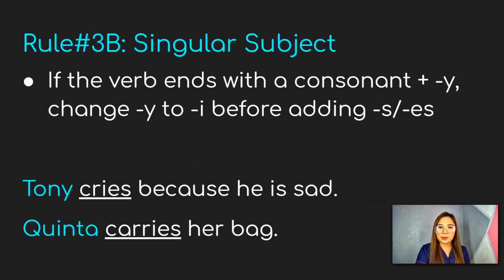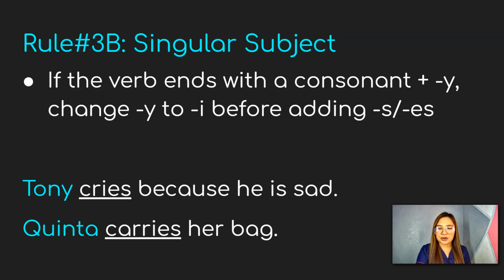For our rule number 3b, if the verb ends with a consonant plus y, change y to letter i before adding s or es. For this one, this rule applies if we have a singular subject. Let's have some examples. Tony cries because he is sad. For our first sentence, our subject is Tony, and Tony is only one.